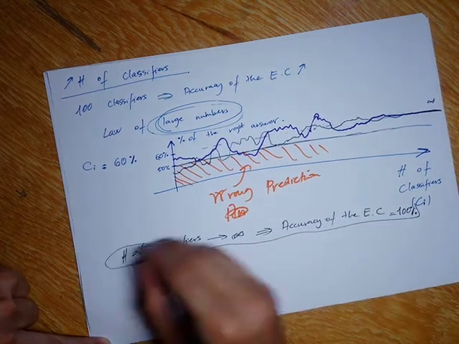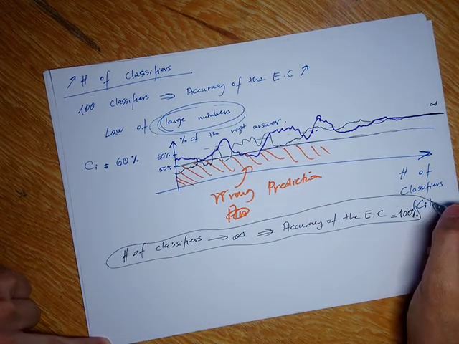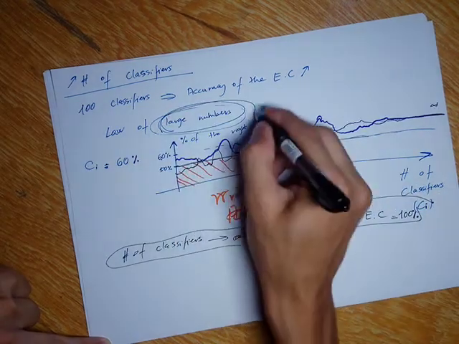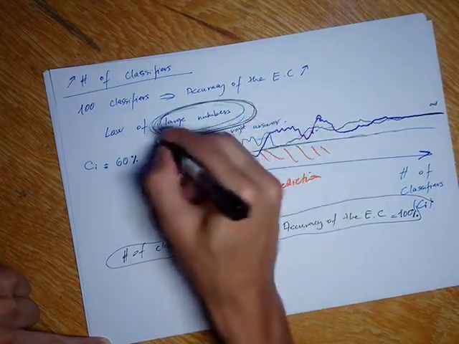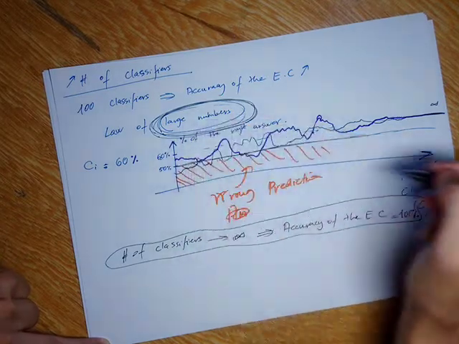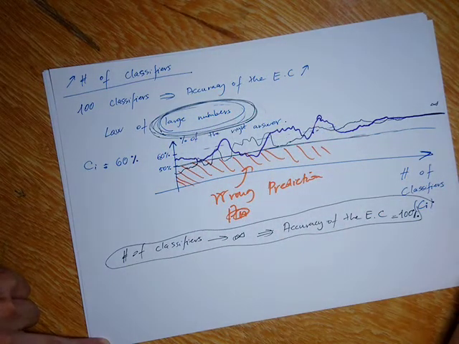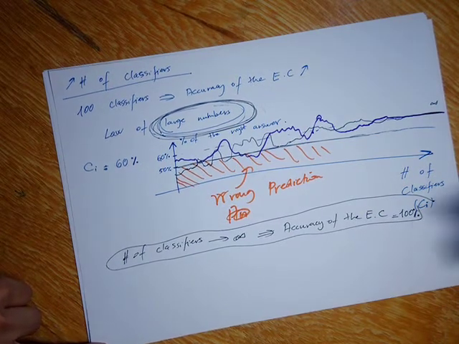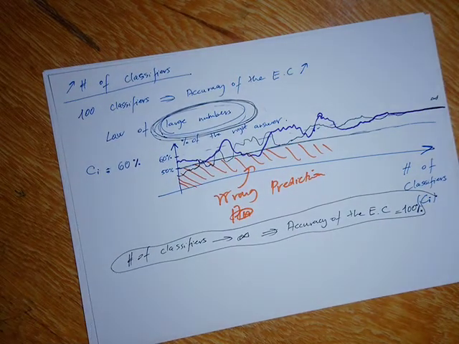That's it. And this is called the law of large numbers. This is why we have this term of large numbers. The large number here is associated with the number of classifiers. When we increase the number of classifiers, then we have higher chances of getting the right answer.